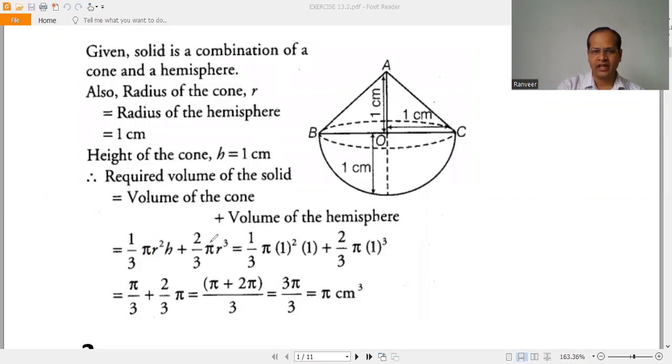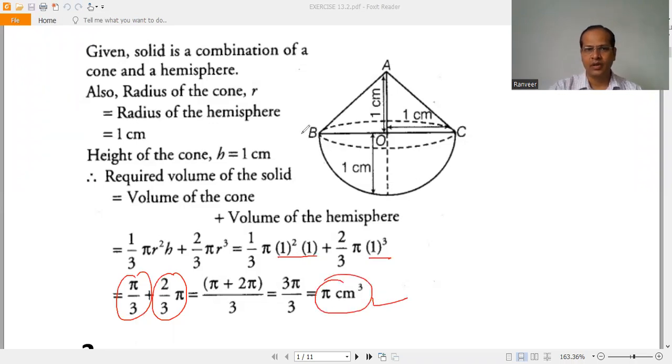Here the values are very small, so directly substituting, all the values are 1. So this is pi by 3, and this is 2 by 3 pi, and the total is pi centimeter cube. Always remember, the unit is very, very important.